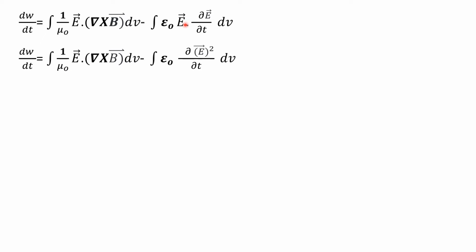But when I multiply this E inside, this equation becomes E dot del E by del t. Or we can write this equation with del E by del t times 1 upon 2. I forgot one thing, I forgot to write down the 1 by 2.